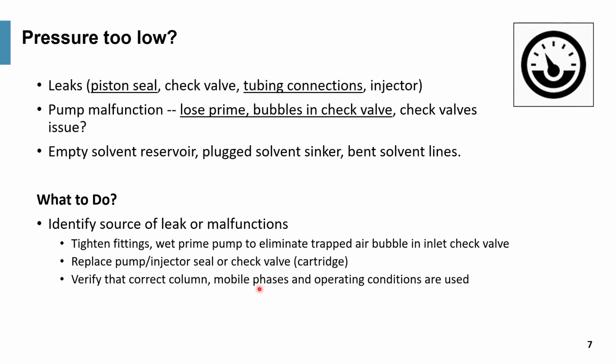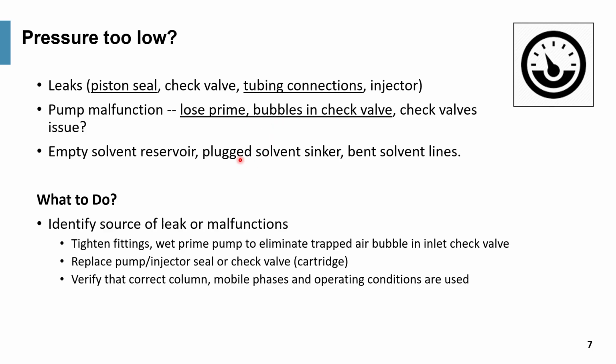Pressure too low. In the old days, a piston seal was a major situation, but modern pumps are getting better. Very rarely do I see a situation where the piston leaks between the annual preventive maintenance. Occasionally, a tubing connection could be the situation.